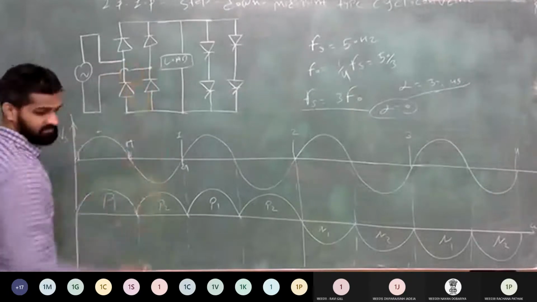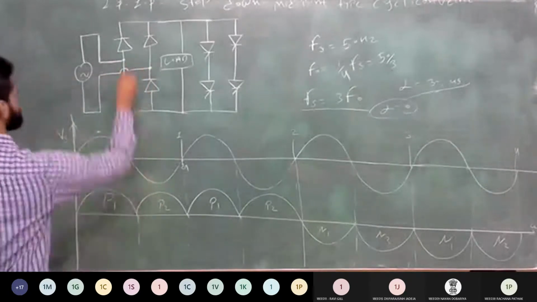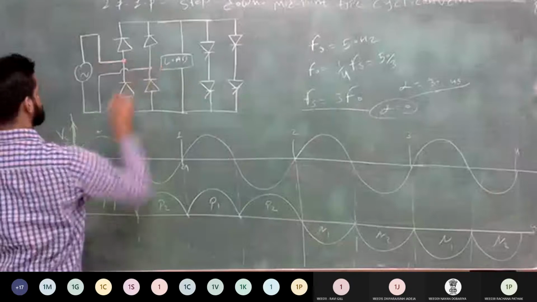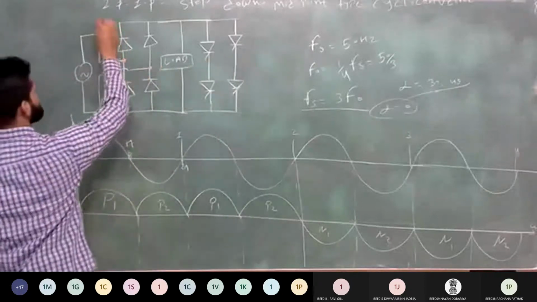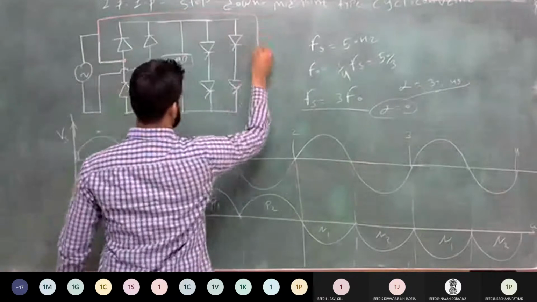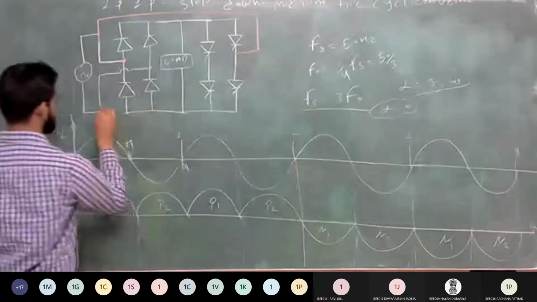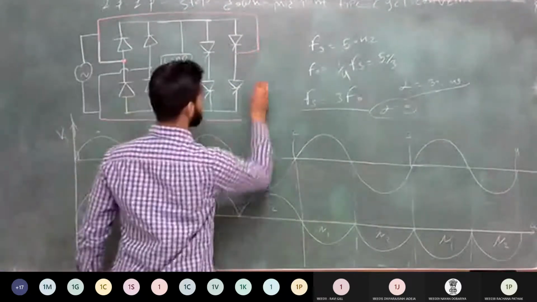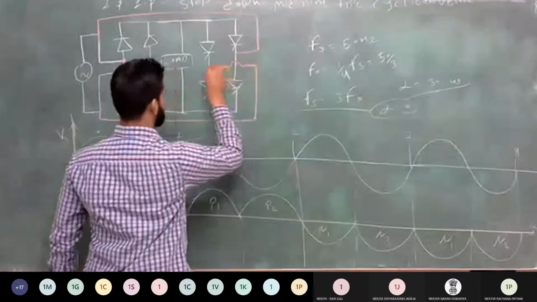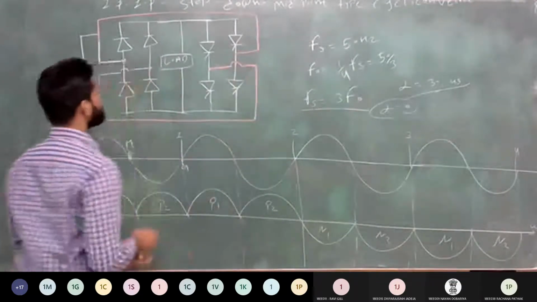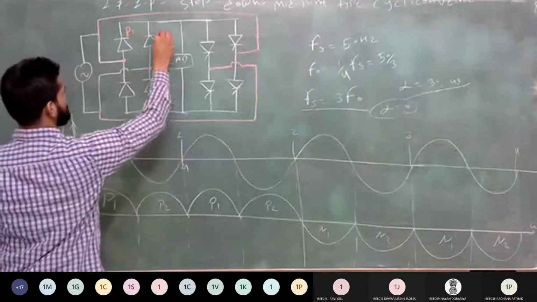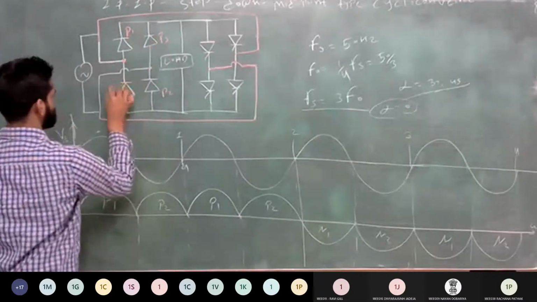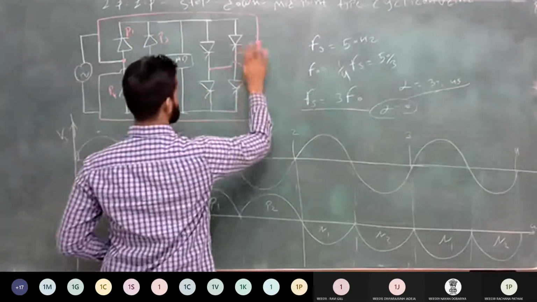And in the same way, at the negative group thyristors, on this side we connect the positive with the first leg and the negative with the second leg. Clear? This is the positive group of thyristors P1, P2, P3, P4. This is N1, N2.